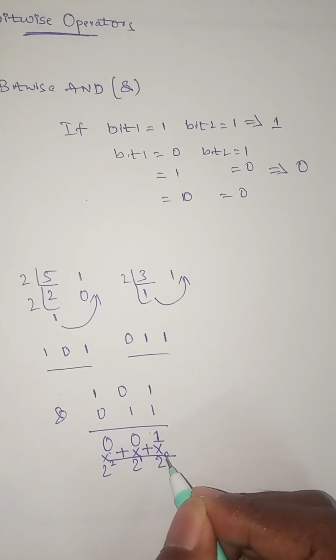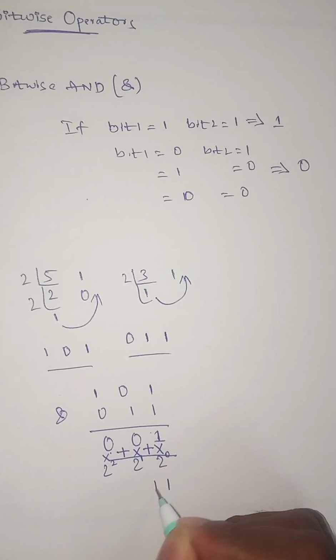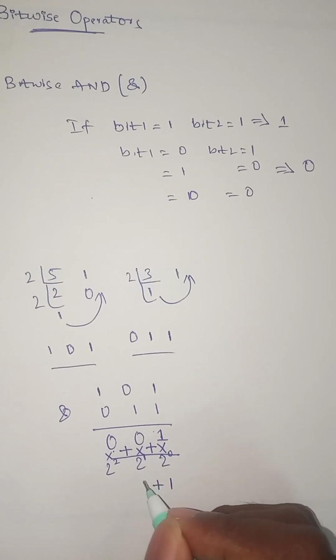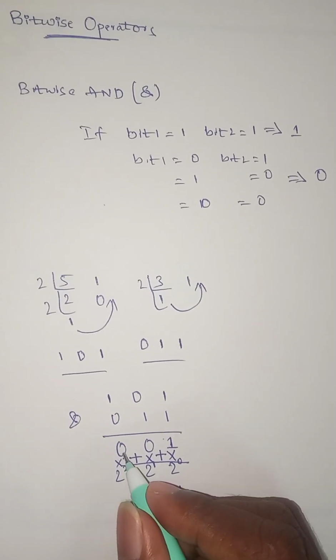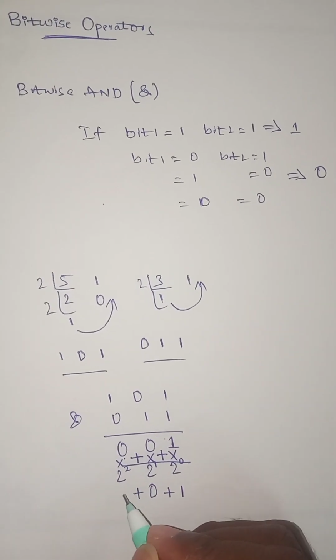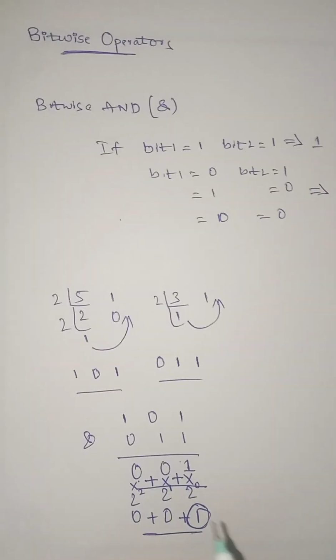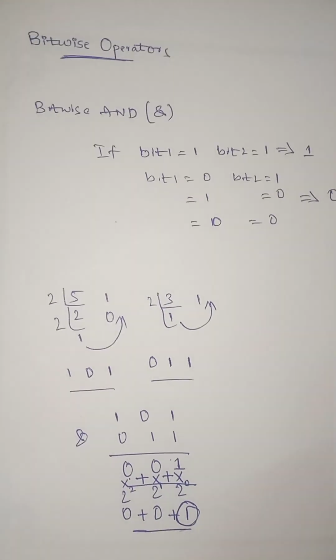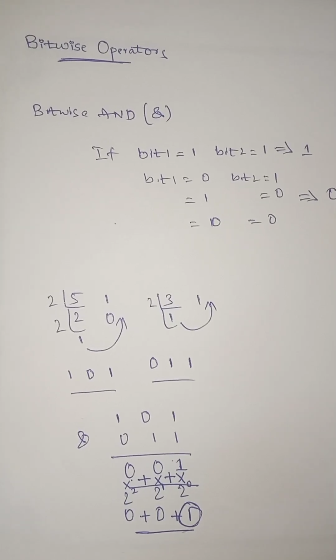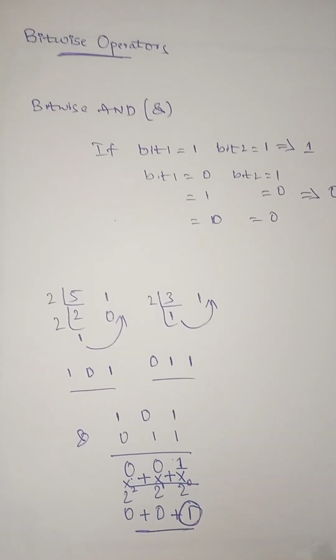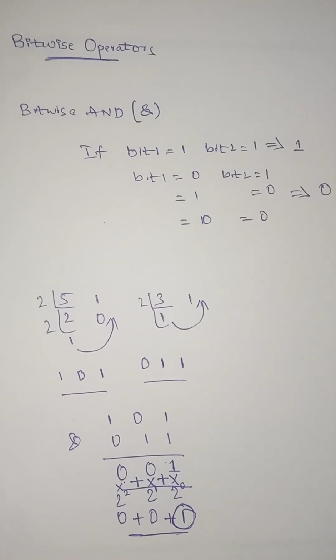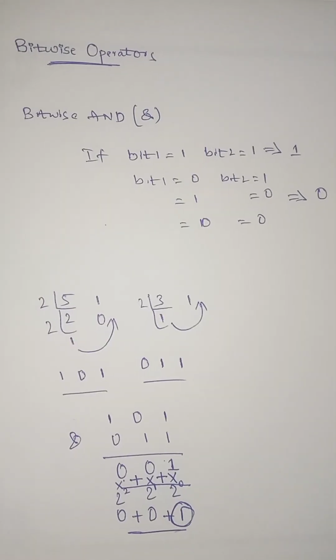So 1 into 2 power 0 is 1, plus 0 into 2 power 1 is 0, plus 0 into 2 power 2 is 0. So the output would be 1. So the answer for the bitwise AND operation on the integers 5 and 3 is 1. This is how we perform a bitwise AND operation.